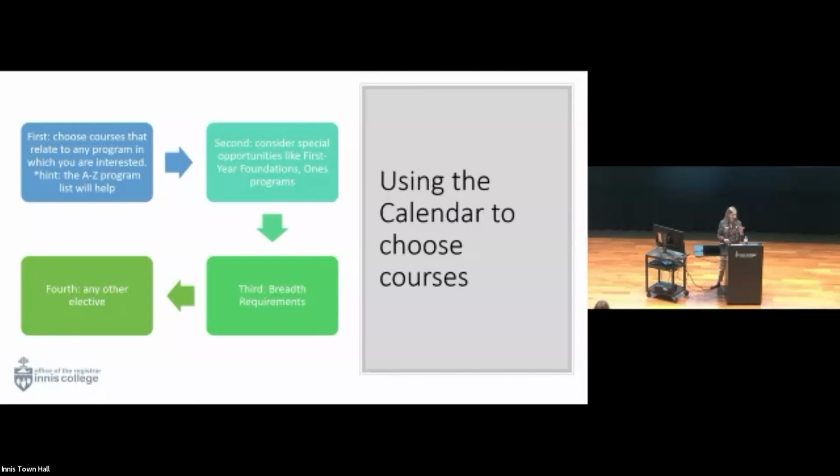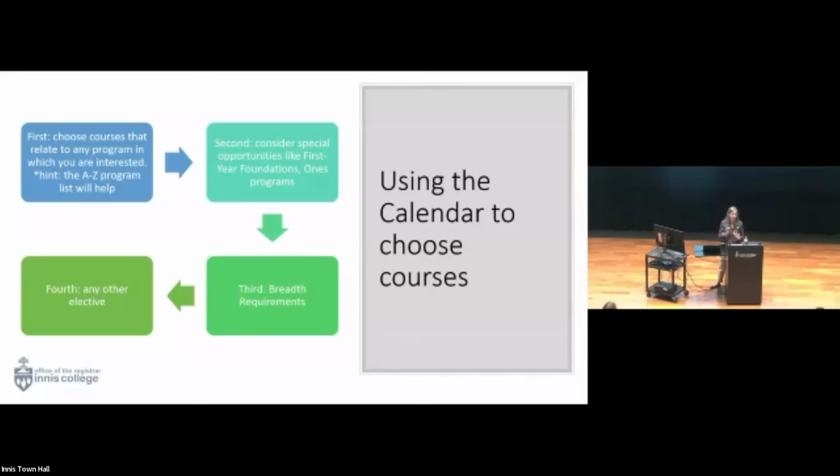And then I'll show you live how you can use the calendar to see what your first year required courses are. Second, consider special opportunities like the first year foundation programs, the first year foundations at Innis courses that Donald was talking about in his presentation.